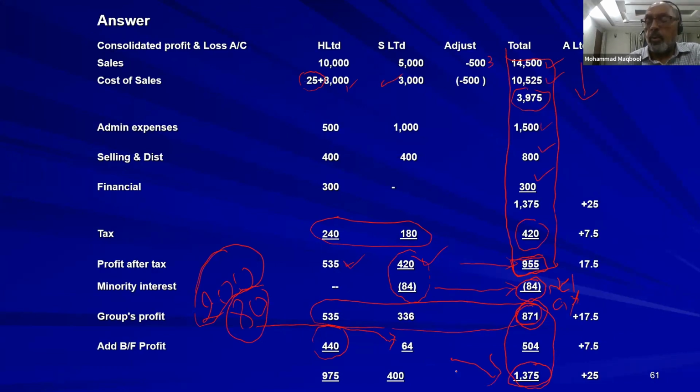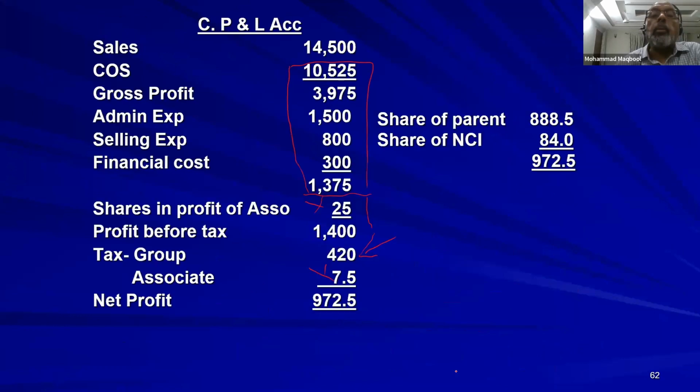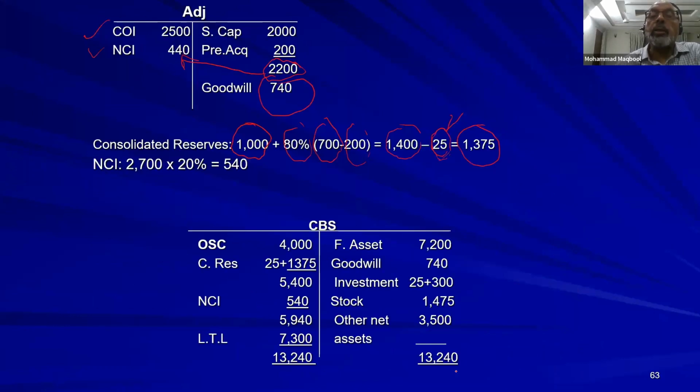So I was not supposed to prepare the consolidated reserve calculation, because it was readily available in the profit and loss account which I prepared. But if you are not preparing the profit and loss account, in that case you have to work that out.